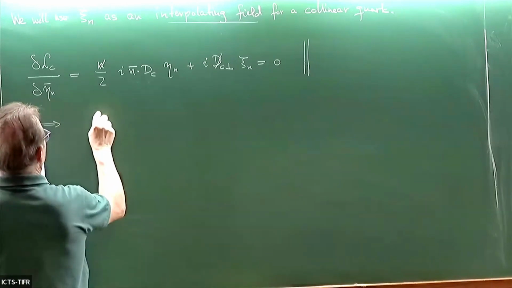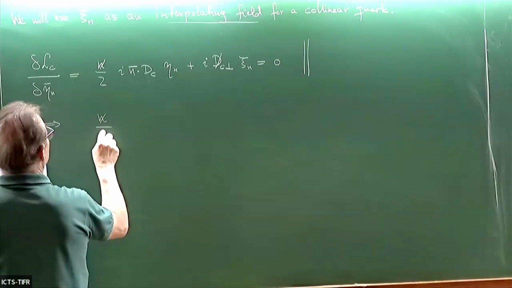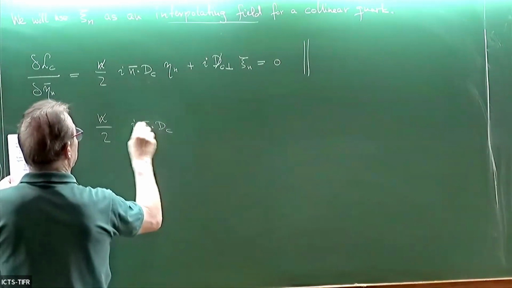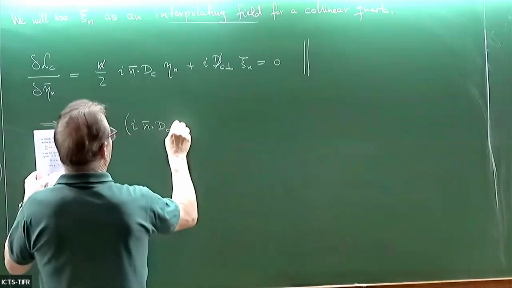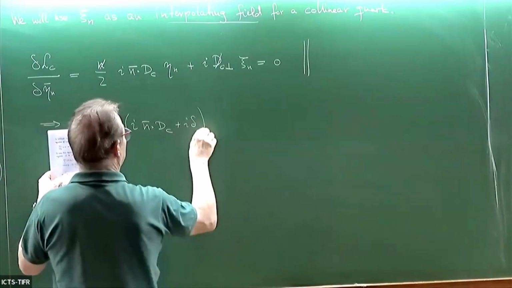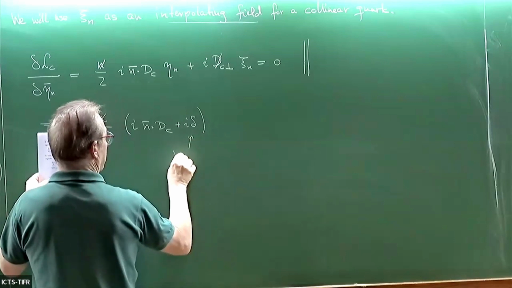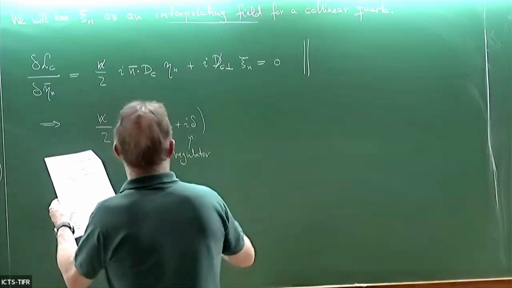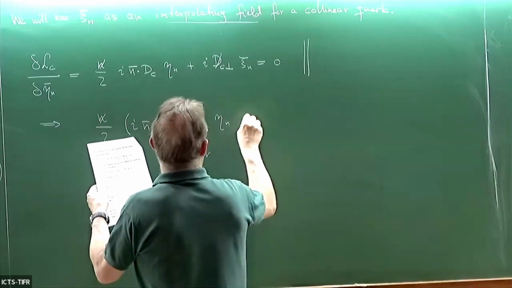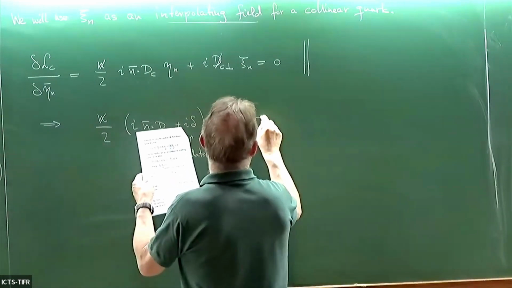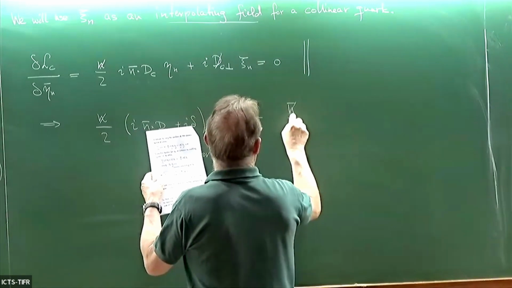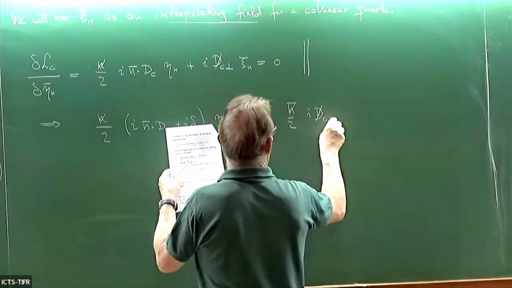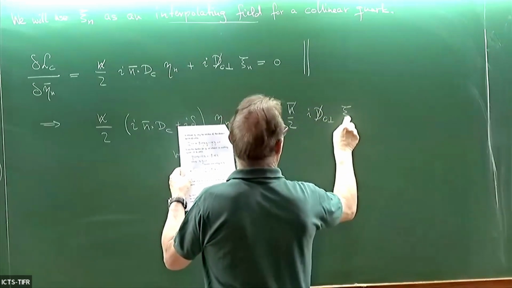Let me write this as n-slash over 2, i n bar dot d_c plus i delta, going to add a small regulator here, times eta_c is equal to minus n bar-slash over 2 i d-slash perp collinear times xi_c.